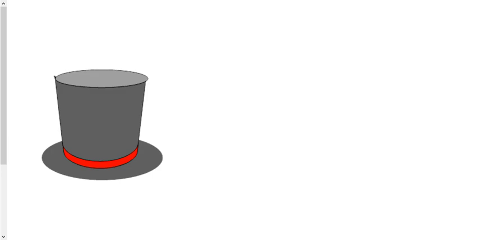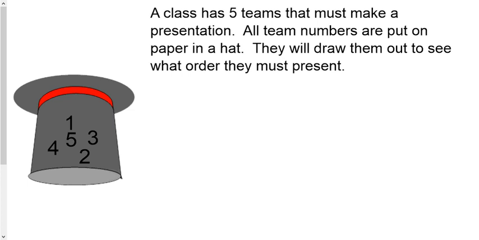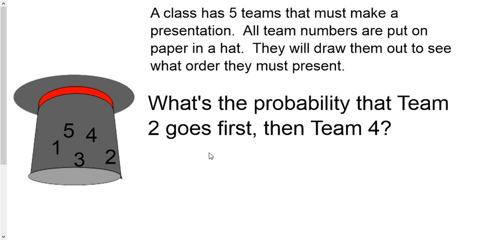Let's take a look at this one. What if there were 5 different teams that had to make a presentation? And so we took their numbers, we put them on pieces of paper, and we put them in this top hat to draw them out. What's the probability that team 2 goes first and then team 4? So we could write the question like, here's the probability of team 2 goes first, team 4 goes second.